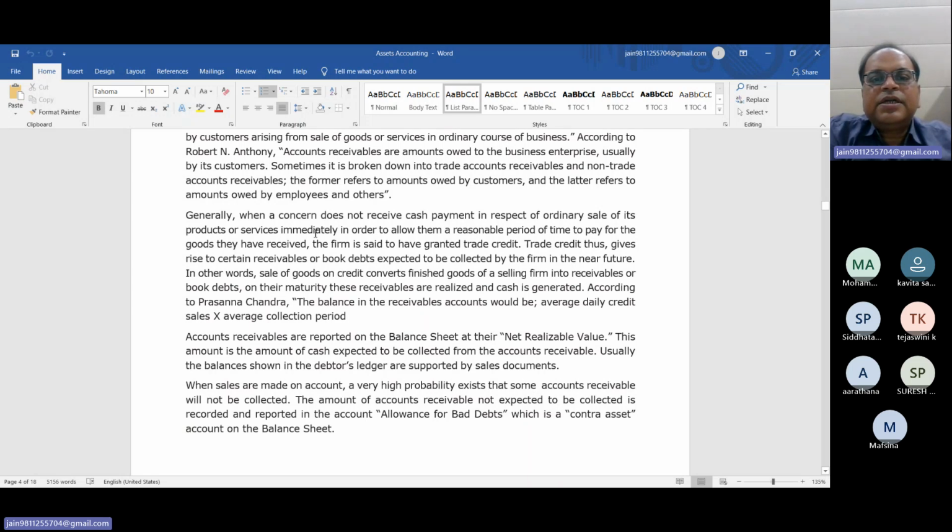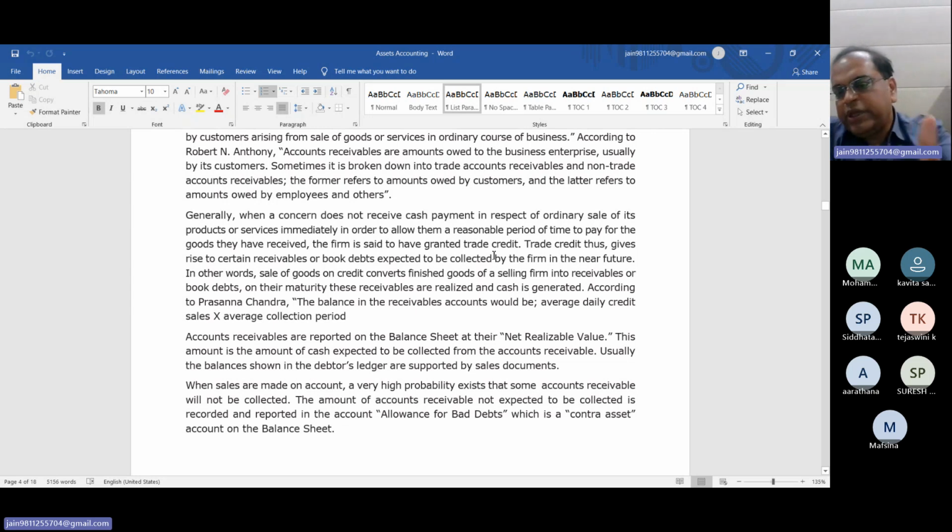Generally, when a concern does not receive cash payment immediately in respect of the ordinary sale of its product or services, it allows customers a reasonable period of time to pay for the goods. The firm is said to have granted trade credit.